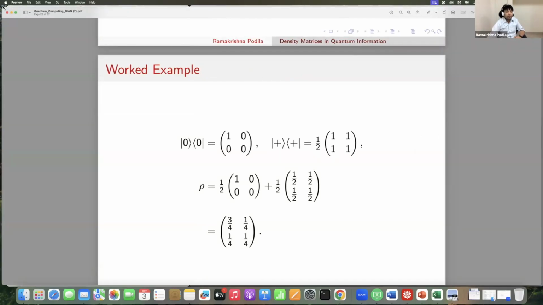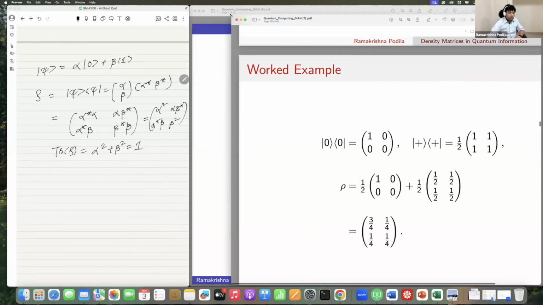But if I want to look at rho square, then I need to do alpha square, alpha beta star, beta, beta square, again, same thing.